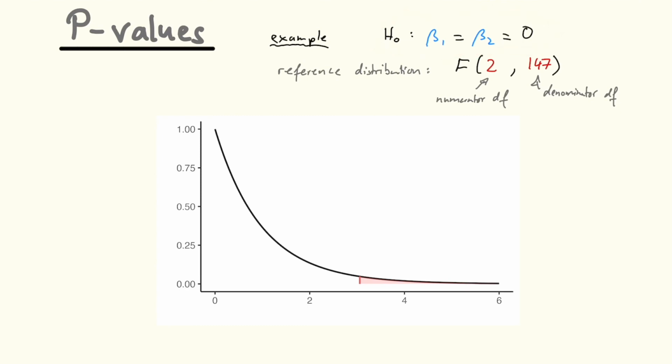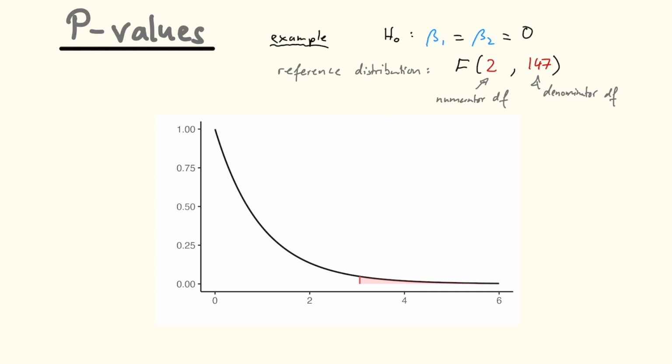But if you think a little bit about how statistical testing works, you as a researcher probably don't believe that the null hypothesis is true. So to you, this is an unlikely shape of the distribution of the F statistic. So please don't say that the reference distribution is equal to the distribution of the F statistic, or at least don't say so without further qualification. That's it, that's the end of my rant.